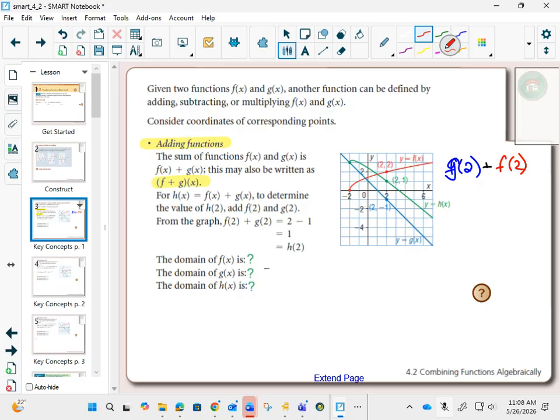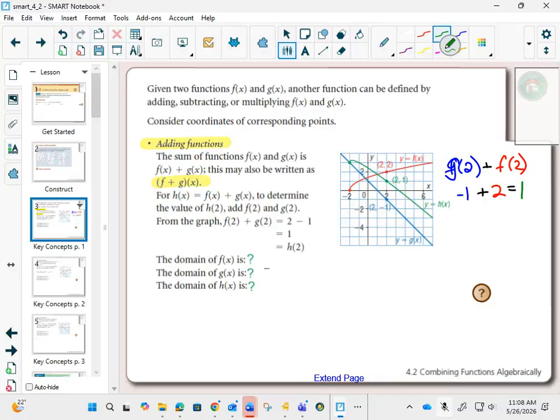And g was the blue graph, and f was the red graph. So g of 2, well, that's its y value, it's -1, plus f of 2, its y value was 2. This would equal -1 plus 2, 1. And that's why we have the point 2, 1 on the green graph.